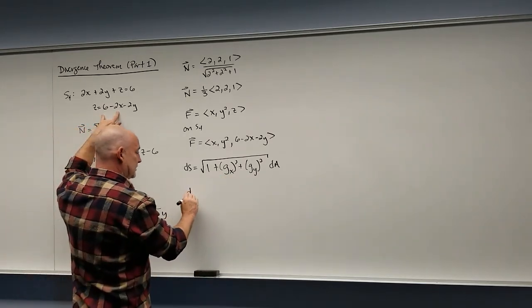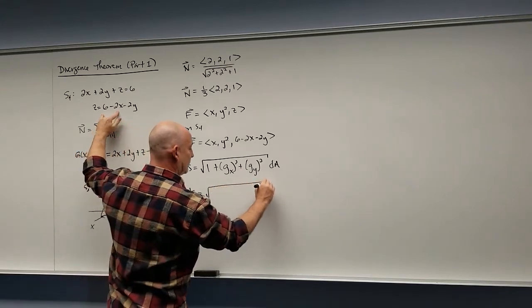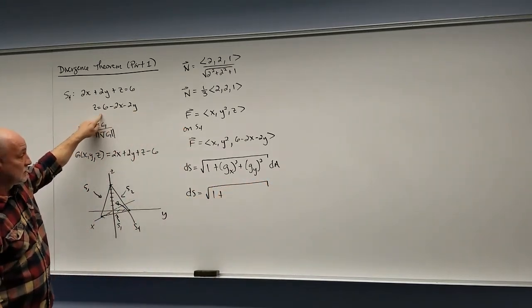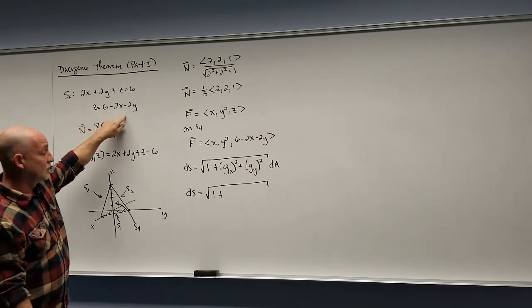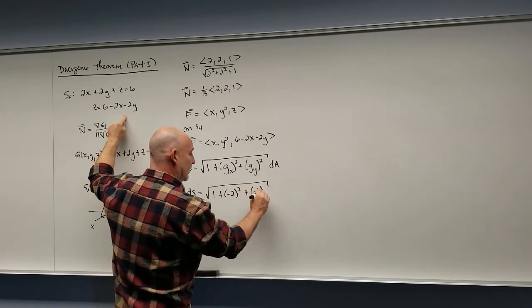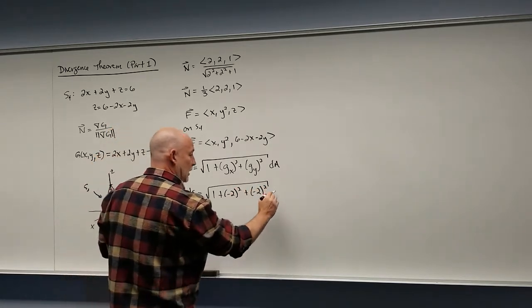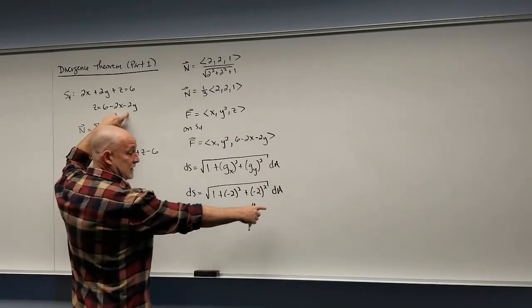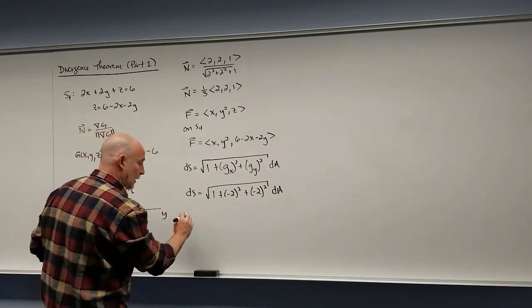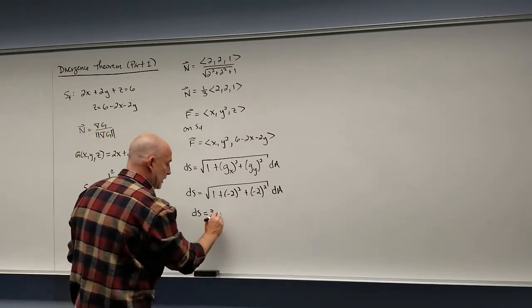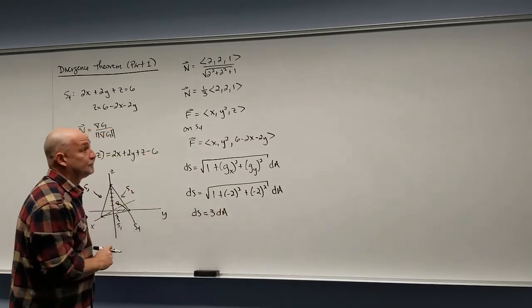In this case, dS is the square root of 1 plus, so this is our function g, our surface definition, the partial with respect to x is -2, the partial with respect to y is -2. And of course our dA, since we solve for x's and y's, is dx dy or dy dx. So you can see a small piece of our surface is 3 dA.